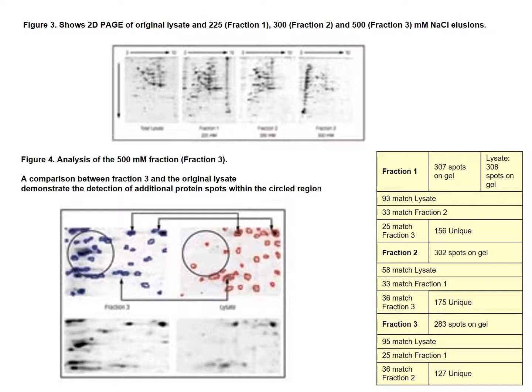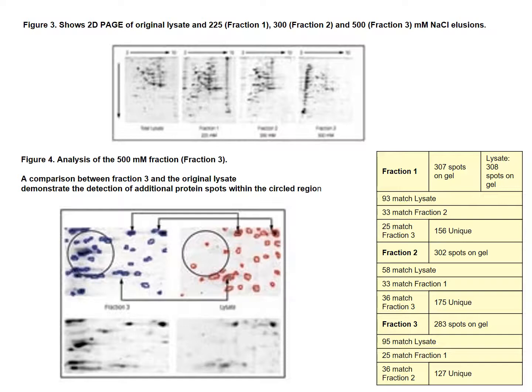And so here is just analysis. Looks like they did some salting out, or not sure what this is, but a comparison of fraction 3 and the original lysate, additional protein spots. So they're talking here was probably the original lysate, and here's protein 3.